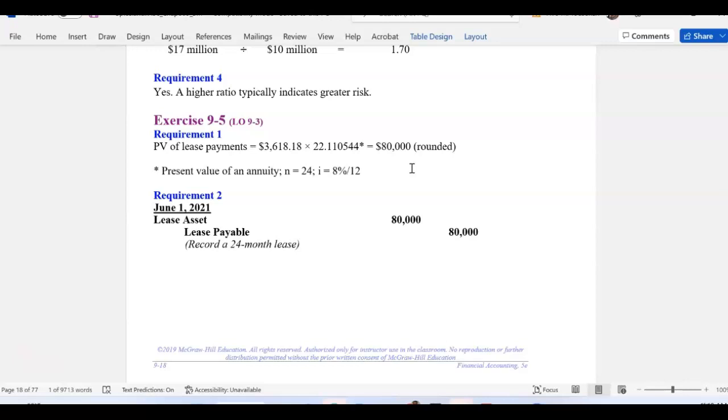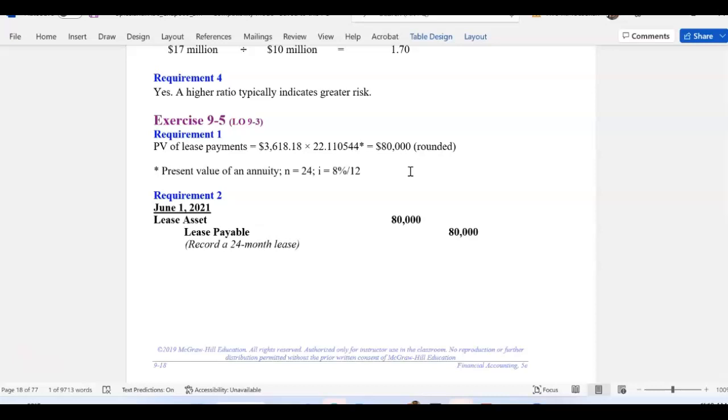Yes, I know you are paying $3,618 each month, but if you convert that $3,618 each month for the next 24 months, based on an 8% rate, it will end up being $80,000 today as the present value of these lease payments.